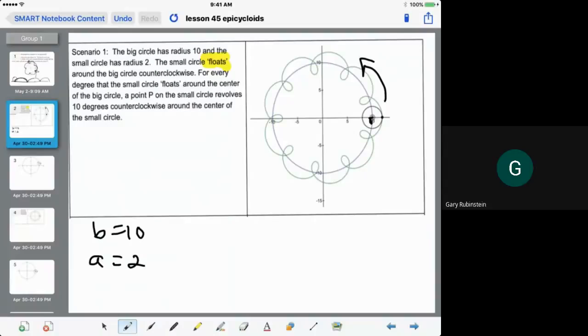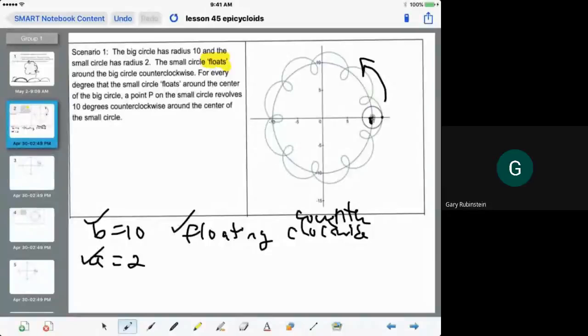So the circle is floating clockwise. Okay, because it's told to you, sorry, floating counterclockwise. So that's the 3rd piece of information I need. The 4th piece of information I need is while this circle is floating, it's also spinning, kind of like the way the Earth rotates as it revolves around the sun.